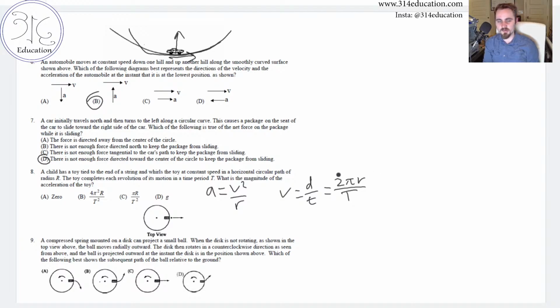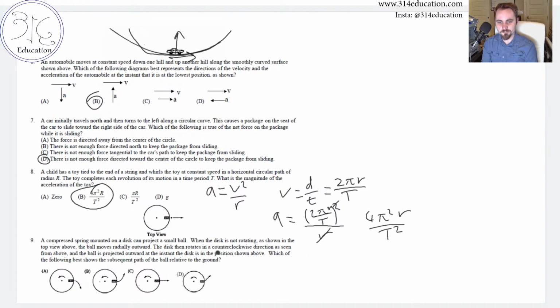Our distance is 2 pi r, and our period is a capital T. So we can plug that in, giving our acceleration as (2 pi r over T) squared over r. Canceling one of the r's, we get 4 pi squared over T squared times r, which is B.